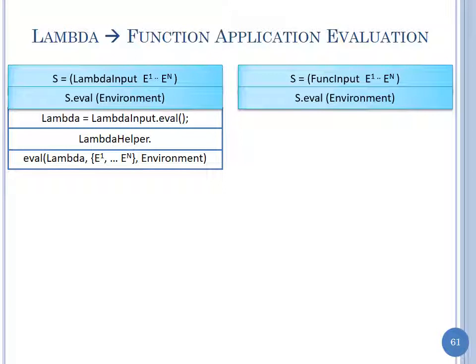So now we have to also worry about the direct application of the function rather than through a func call. What we did earlier was look at the head of the call, do an eval on it, get the lambda, and then do lambda helper.eval lambda. So what are we going to do now?